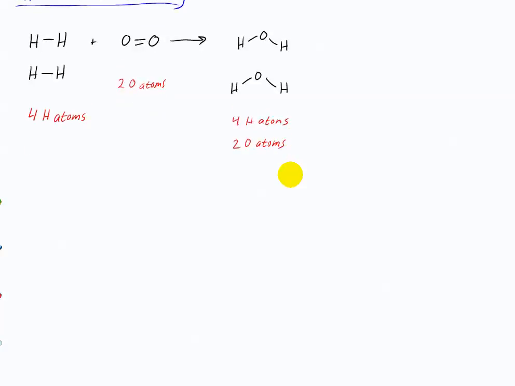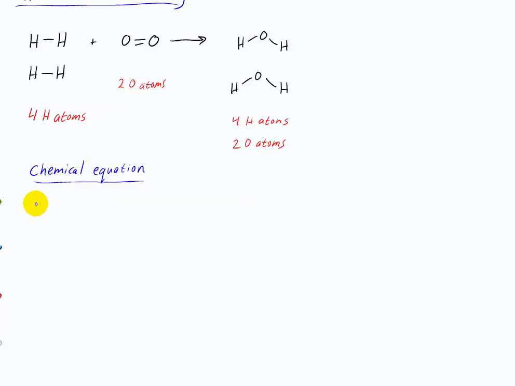Now we express a reaction like this, not usually like this, where we draw out all these structures. We usually express it in something we call a chemical equation, where we use the molecular formula rather than the molecular structure.